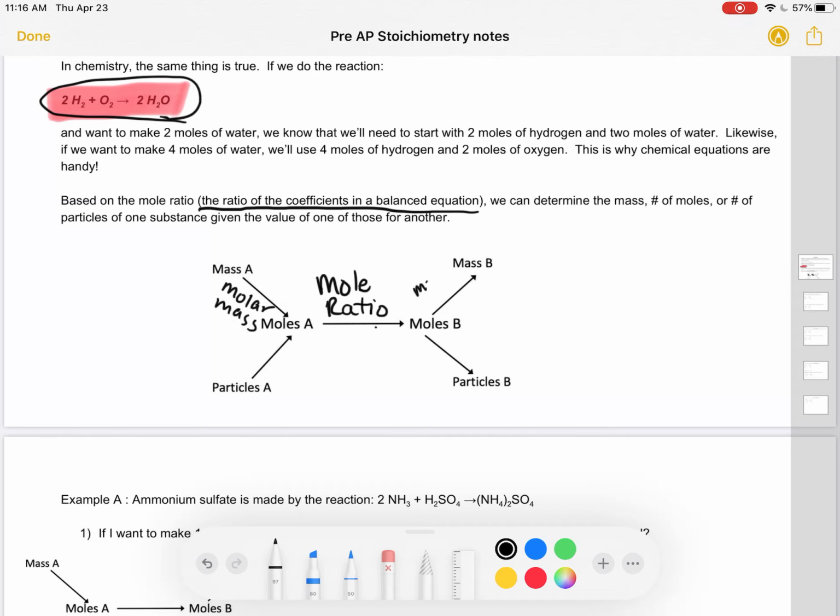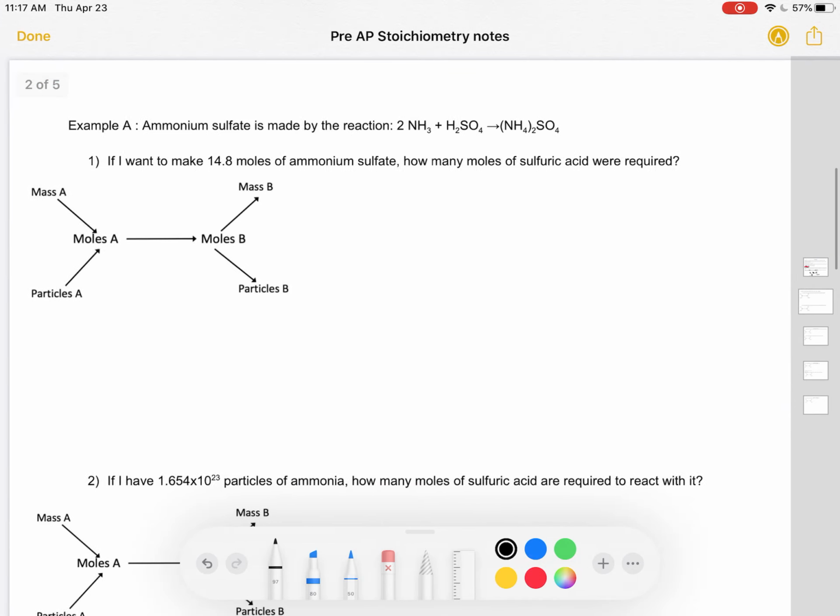Same thing here, molar mass. If I'm given a certain number of particles of something and I want to go to moles, I'm going to have to use Avogadro's number, 6.022 times 10 to the 23. Same thing here, 6.022 times 10 to the 23. Okay, so let's do a few examples here. And I put this roadmap on each page so that we can kind of trace our path.